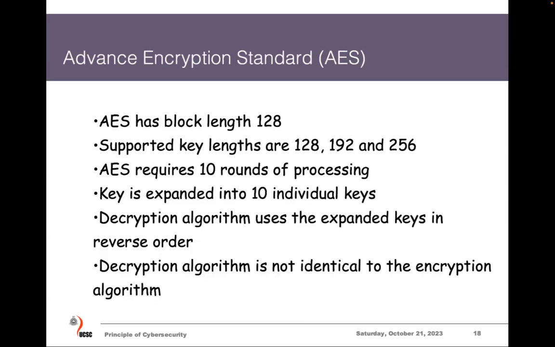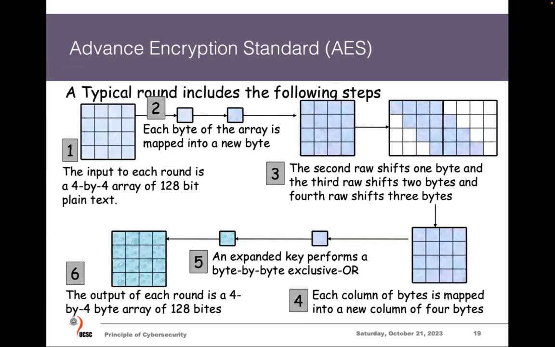To summarize, there are three main features we want to focus on. First is the block size: 128 bits, 16 bytes. Then the key size. There are three different key sizes: 128-bit, 192-bit, and 256-bit. We recommend using 256-bit keys. Internally, Rijndael uses 10 rounds of internal processing with 10 individual keys derived from the master key.